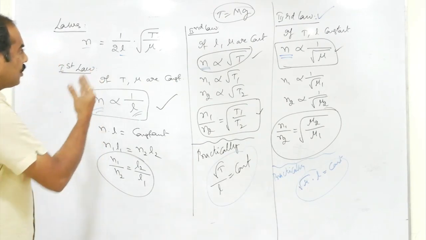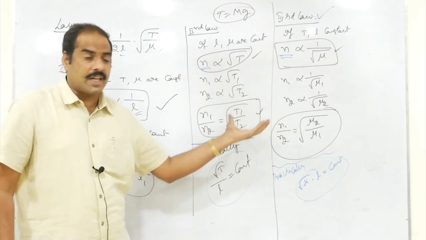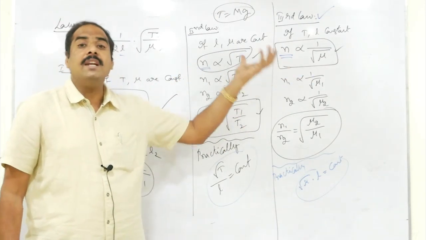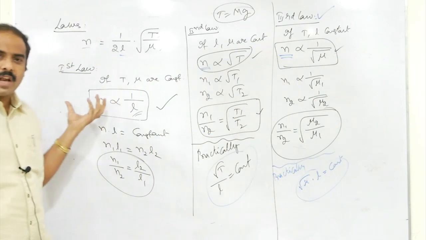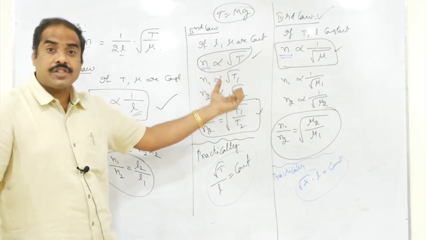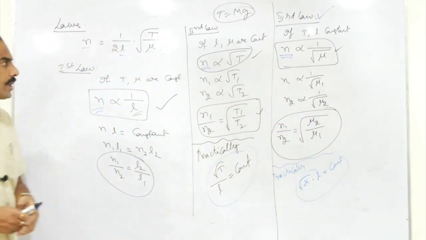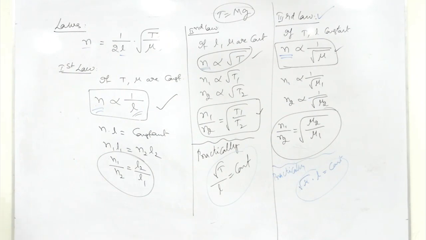The first law, you can call this law of length, second law as law of tension, third law as law of linear density. What is the first law? Law of length. Second law of tension. Third law of linear density. Okay, so this is about the three laws.